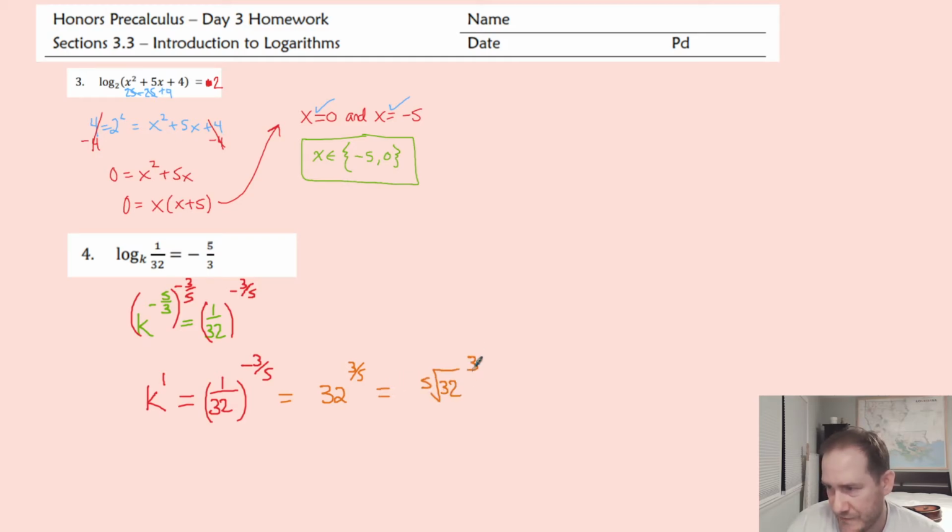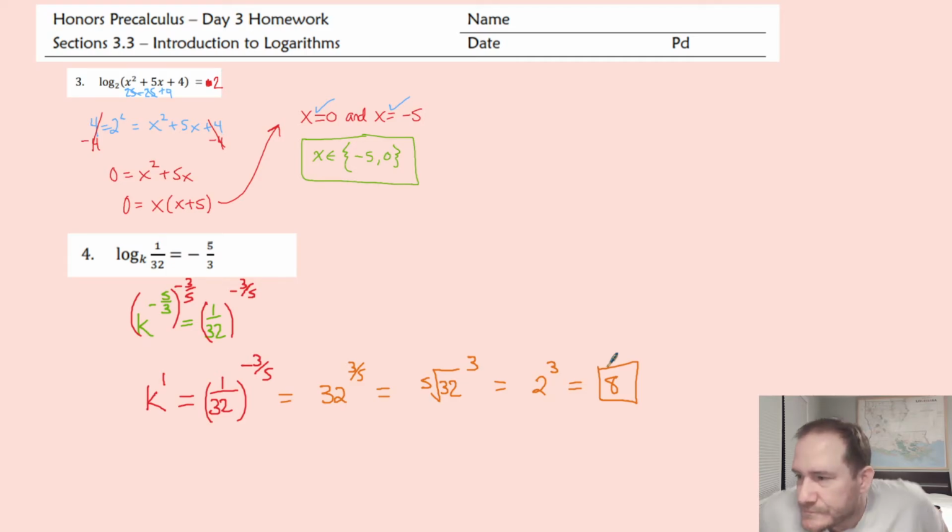And you're going to cube whatever comes out of that. And the 5th root of 32 is 2. You are supposed to just know that, that 2 times 2 times 2 times 2 times 2 is 32. So the fifth root of 32 is 2. Now you're just cubing that. And 2 cubed is 8. So there's your answer. Is that the only possible answer? Yeah, I would say so.